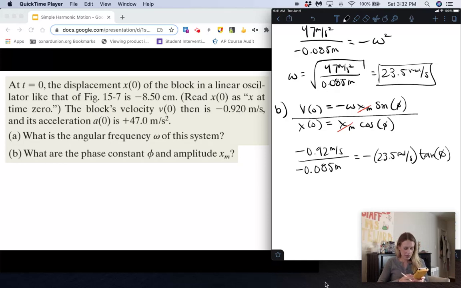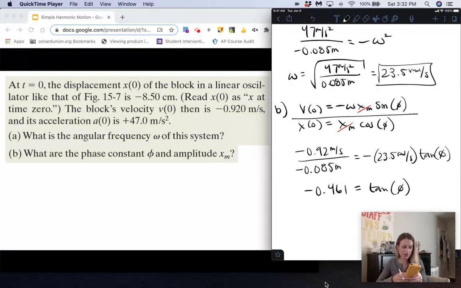So we get 0.92 divided by 0.085, and then I'm going to divide that number by negative 23.5. So we get negative 0.461-ish equals the tangent of the phase constant.